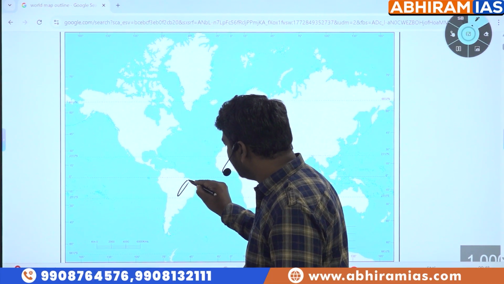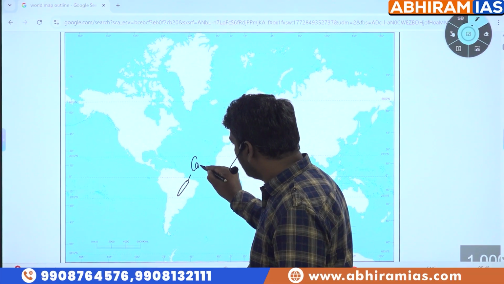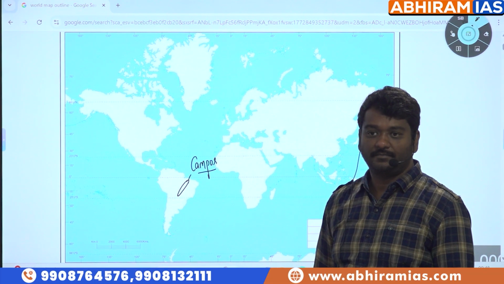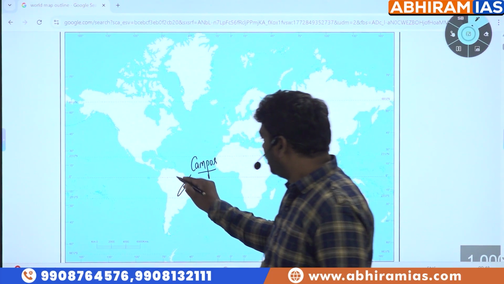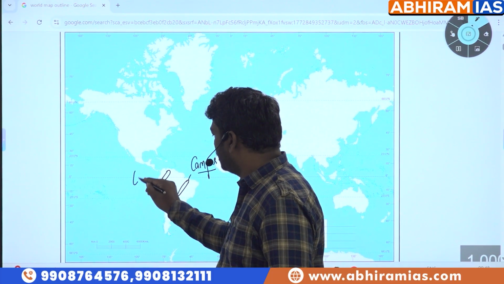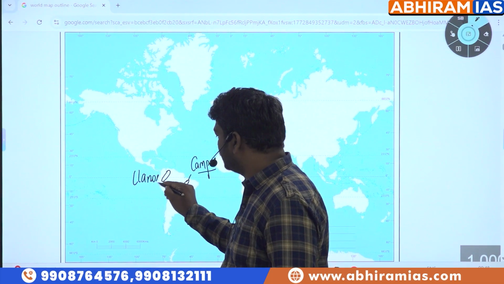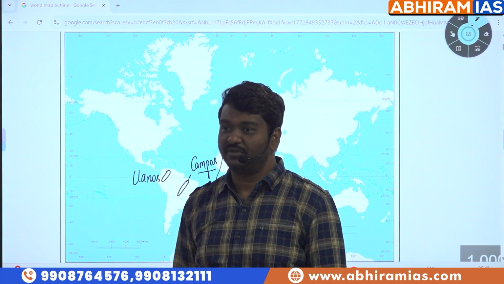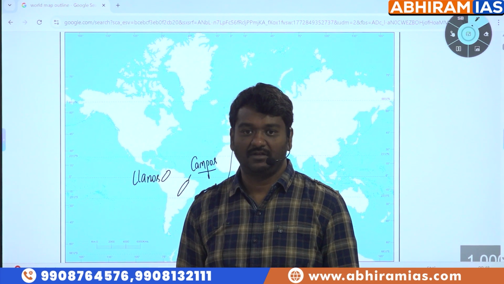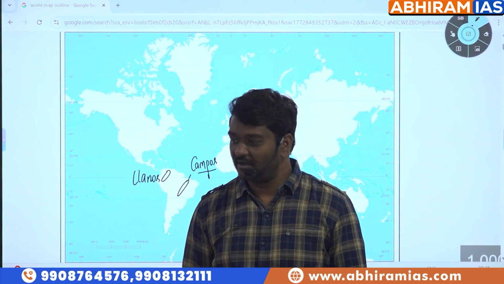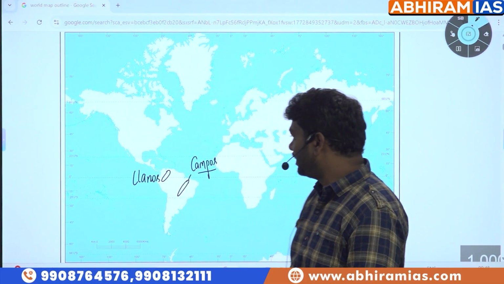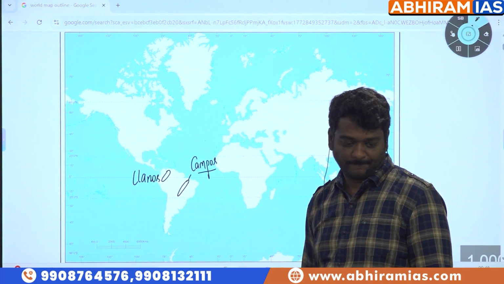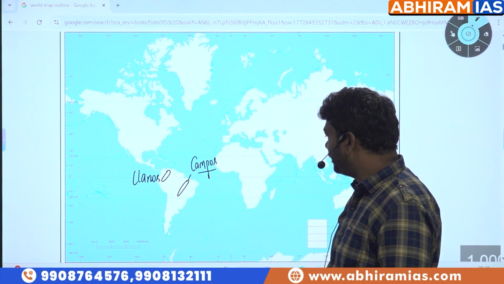On the leeward side, Campos in Brazil, and here Llanos will be there. Campos and Llanos are examples of tropical grasslands.